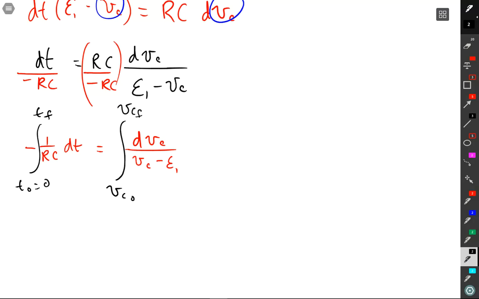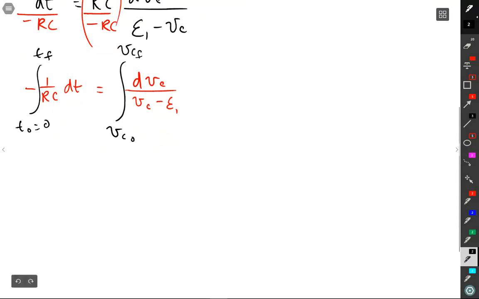So what's the integral of the left-hand side here? One over RC times T final minus T initial, which is 0, so I didn't put the minus 0. So the left side was minus T final over RC.